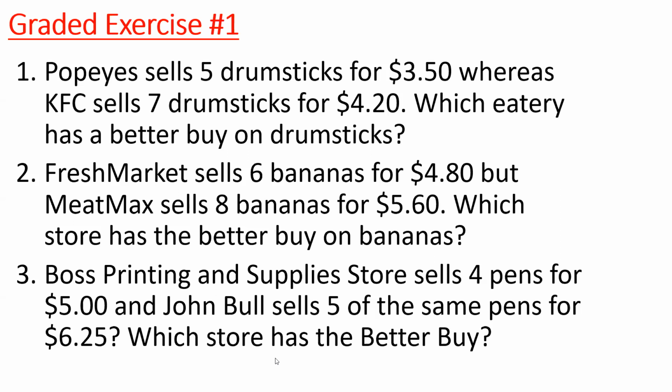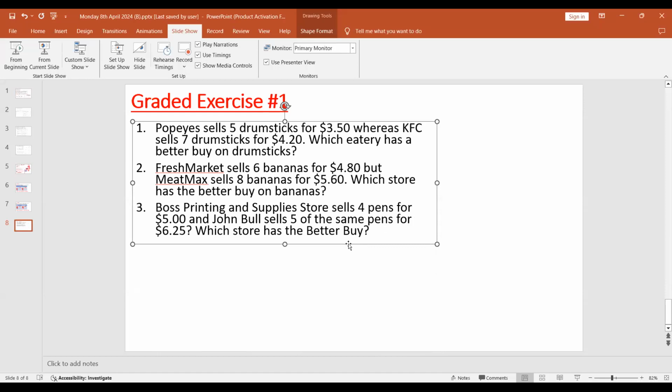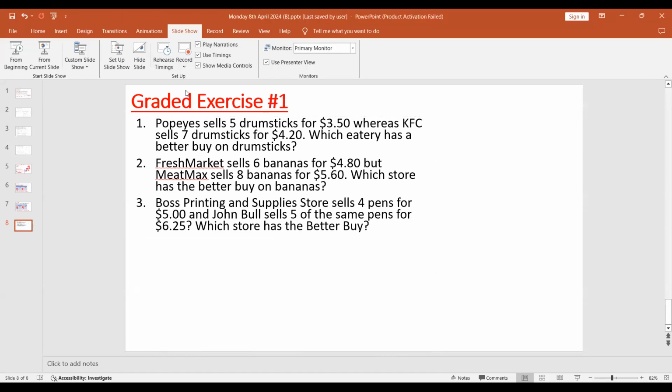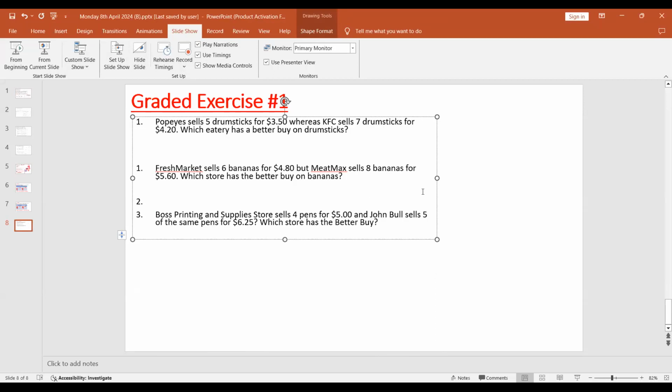All right, let's go ahead and answer these things. Excuse me, Mr. Petit, can I attempt number 1, please? Oh yeah, sure, no problem. Let's go ahead and do number 1. So for number 1, you have to find the unit cost for one drumstick.